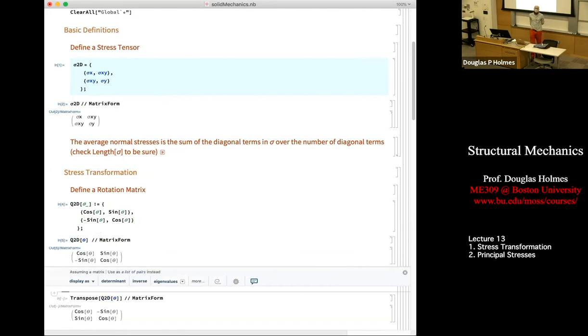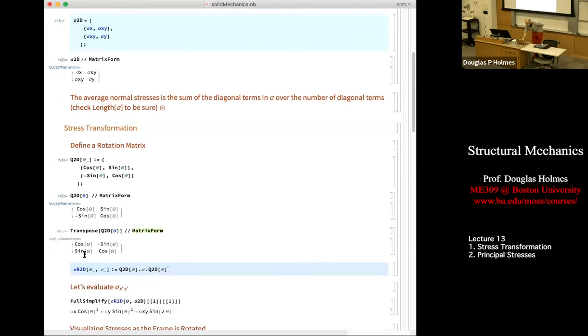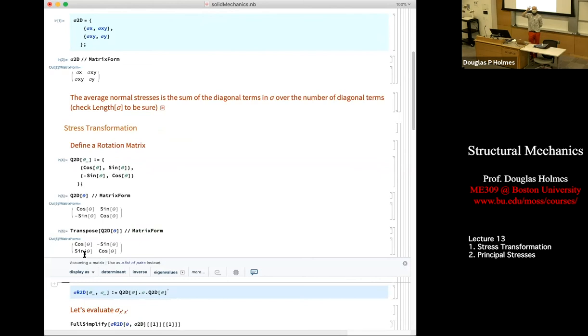It's very straightforward for Mathematica to do a transpose. You either literally type transpose of your object, or you can take your object and raise it to T, just like in matrix algebra. The transpose is of course just flipping across the diagonal, so switching the sine and cosine locations.